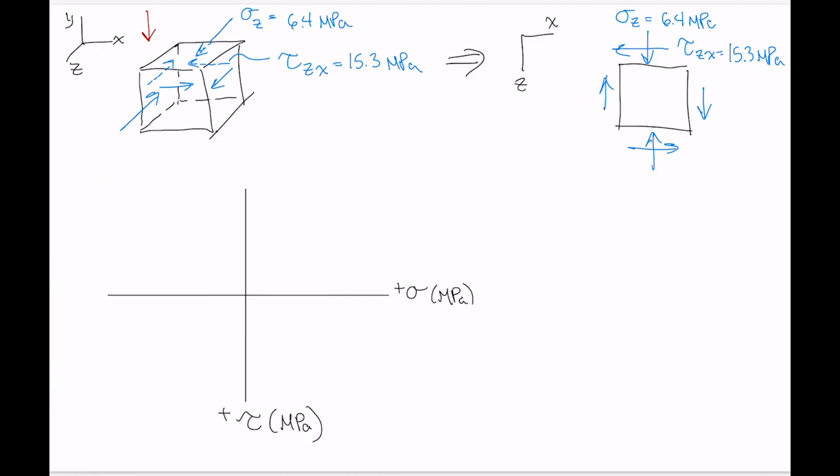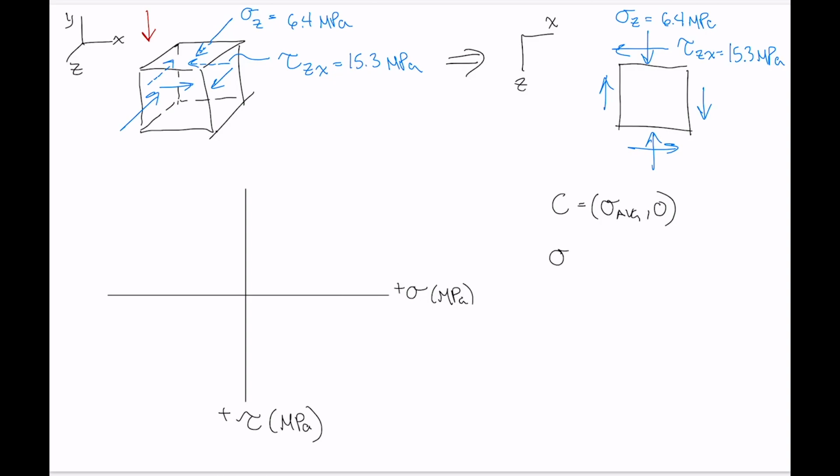Okay, so when we're plotting Mohr's circle, the first thing that we want to plot is the center of the circle, which is given by whatever our average normal stress is, comma 0. So the center of the circle always lies on the horizontal axis.